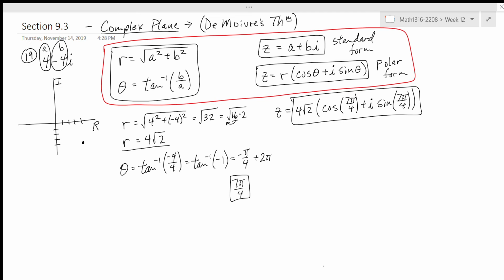Now hit mode 2 and then start your 4 square root. Okay, now that looks more like it. All right, so I'm trying to get you guys to input this in your calculator just the way it looks in the box and hit equals and see if it gives this back.